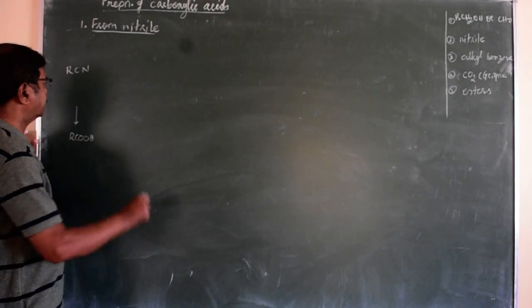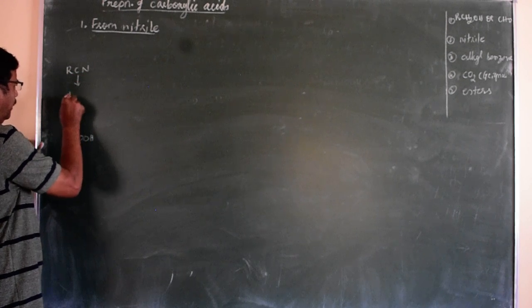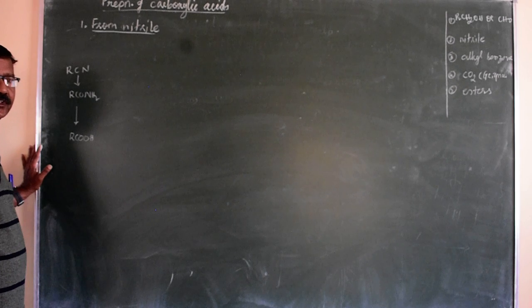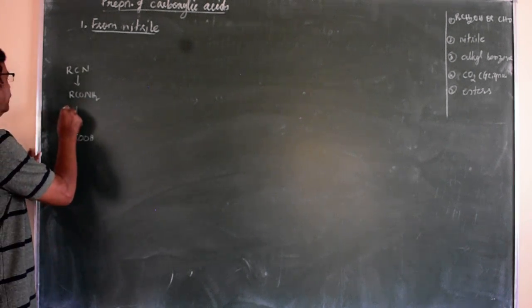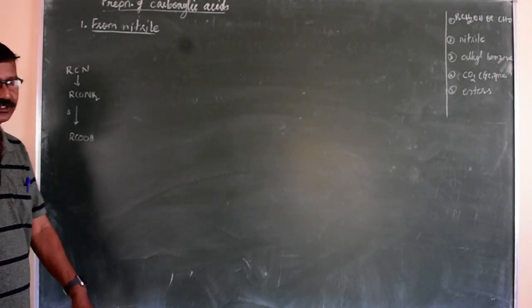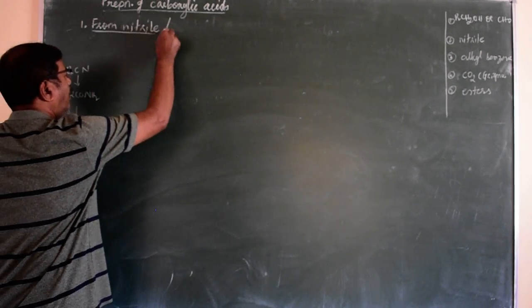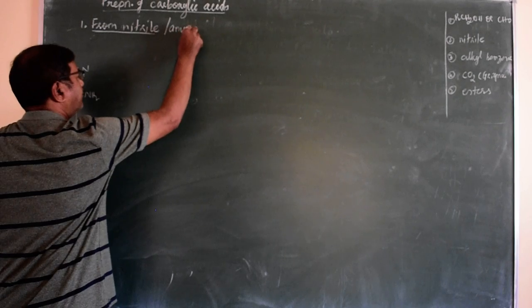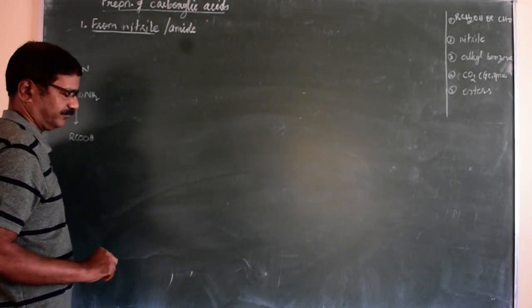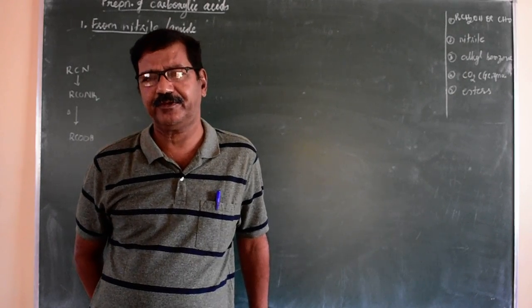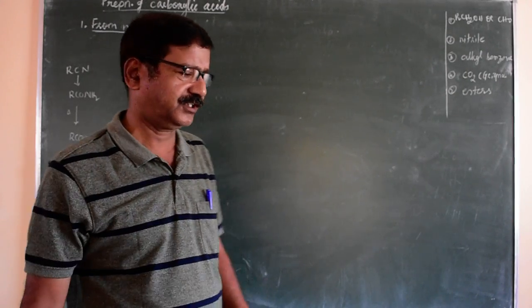On hydrolysis, at first you get amide, RCONH2, which on heating gives the carboxylic acid. So you may say it is from nitrile or amide. It is one of the best methods to prepare carboxylic acid.